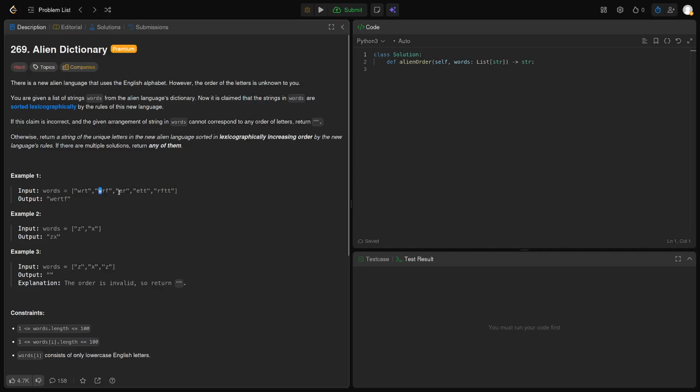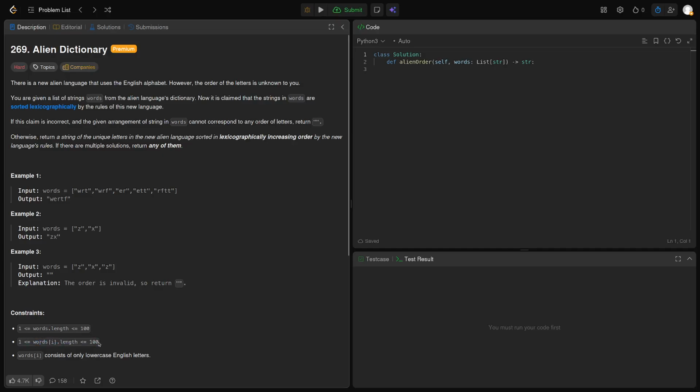And if we got W here, we know it's in front of this, and E in front of this, and this, right? So this is the first thing, and essentially we just do this for each word. We compare with each word.